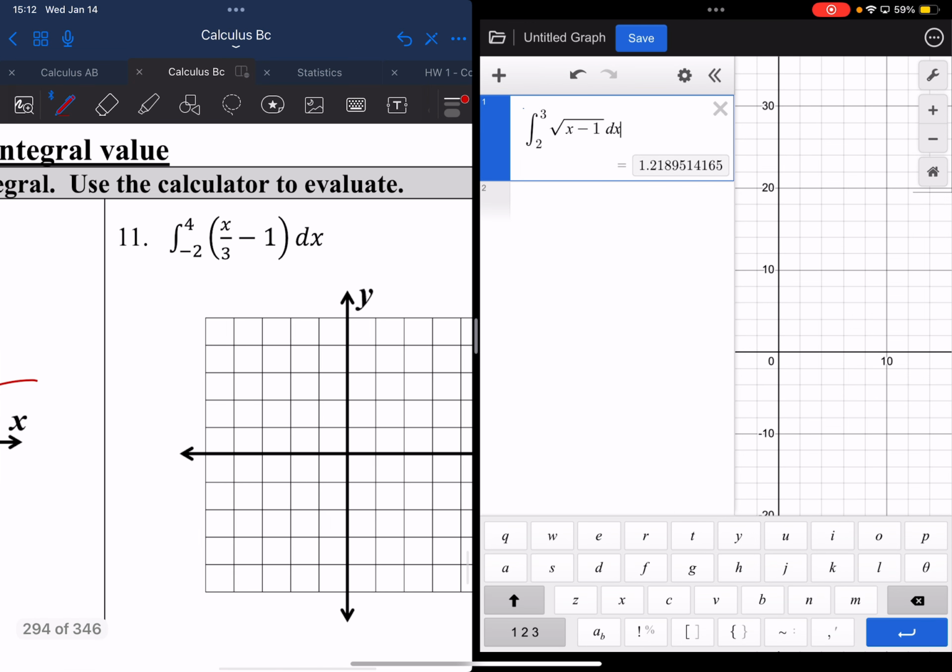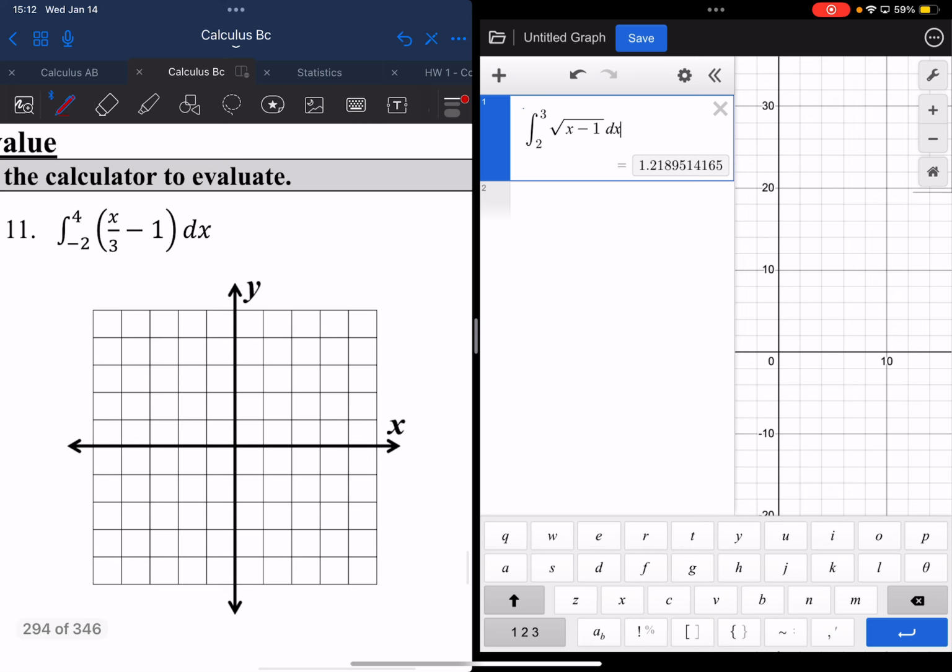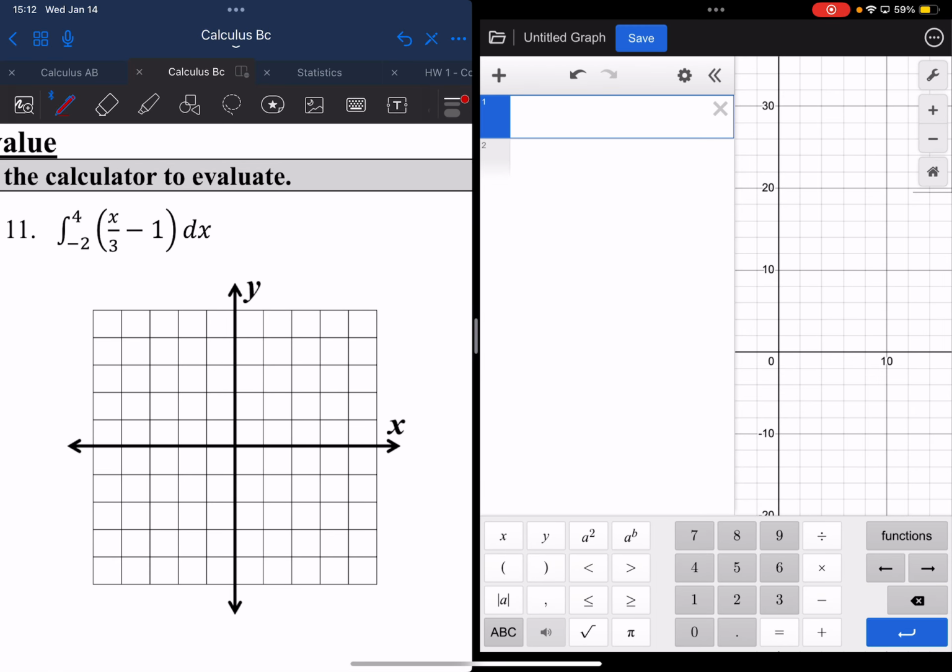We're going to do the same thing for number 11. Let's say I don't remember what x over 3 minus 1 looks like. We should, right? Because it's a linear equation. Let's say you're having a rough day and you don't remember. Here's what the graph looks like.